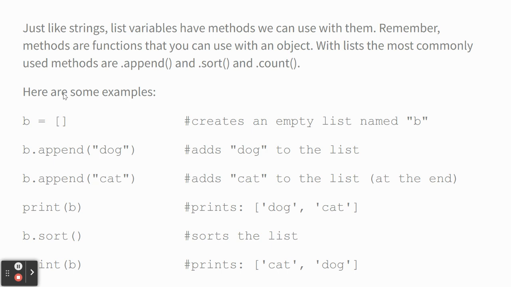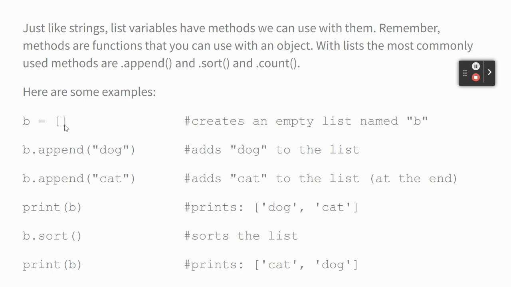There's some more things. In particular, this page teaches you the append command and the sort command. So look at this code here. This first line creates an empty list.